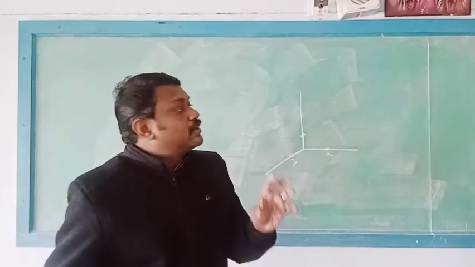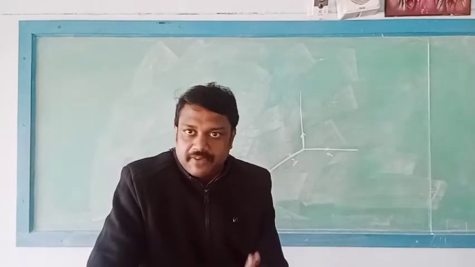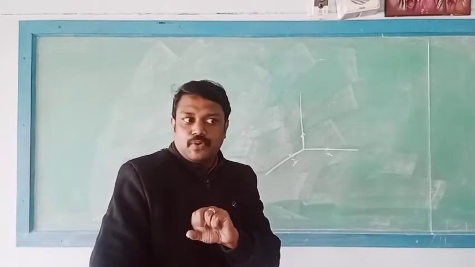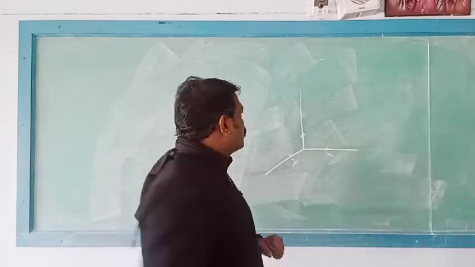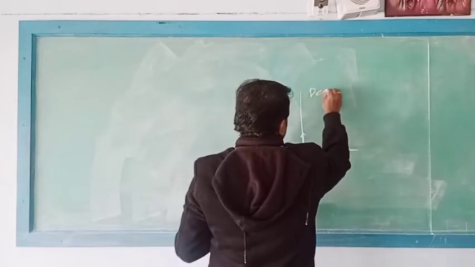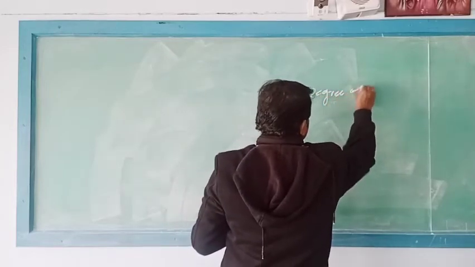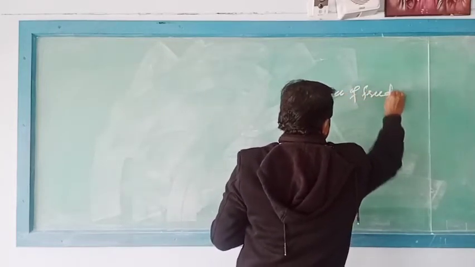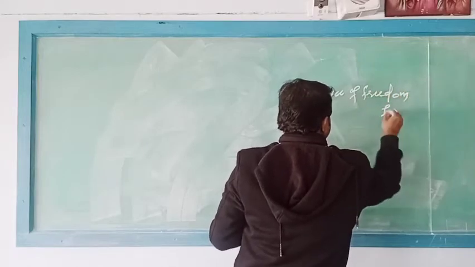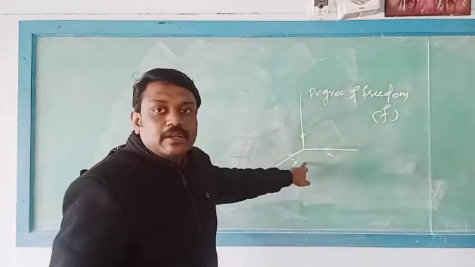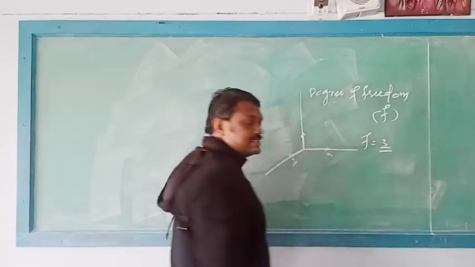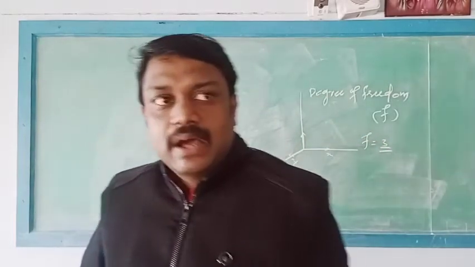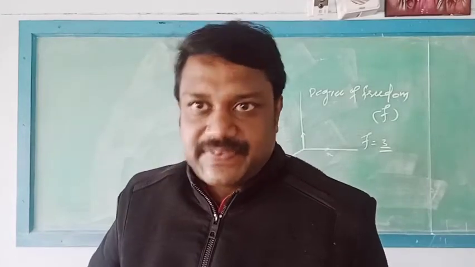The total number of ways of traveling, or the total number of ways of transfer of energy, is known as degree of freedom, expressed as F. For a monoatomic gas, F is equal to 3. That means it has three possible ways of movement and three possible ways of heat transfer.